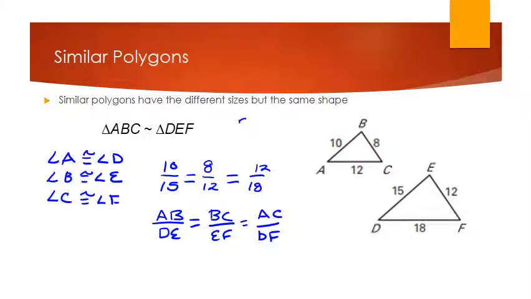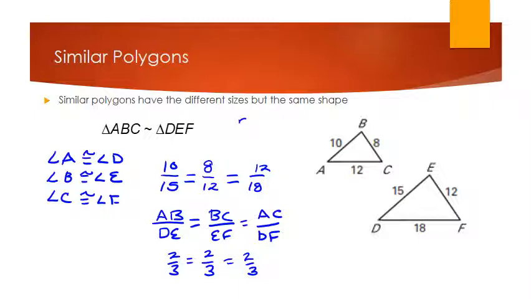Now if you reduce all of those fractions, 5 goes into both 10 and 15 and it becomes 2/3. 8 goes into 12, both 4 divides them, we get 2/3. And 6 divides 12 and 18, and that also gives us 2/3.